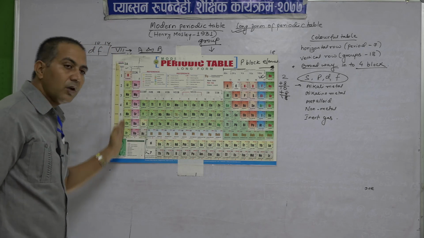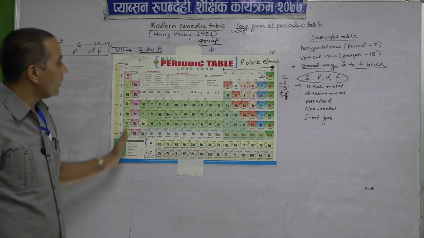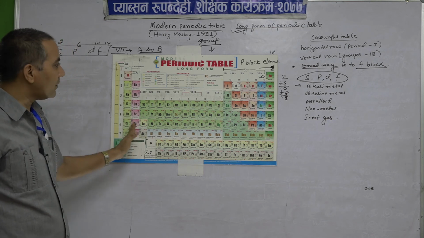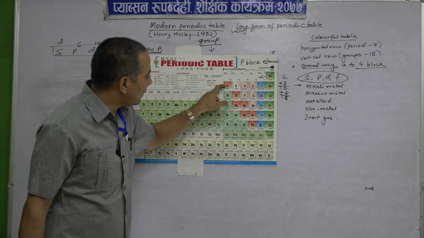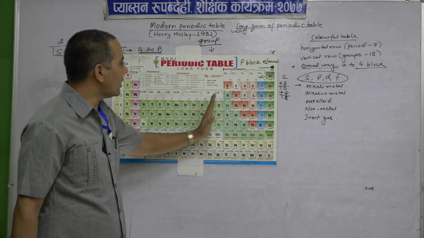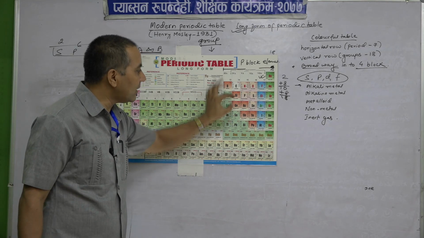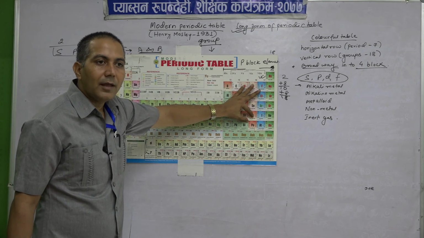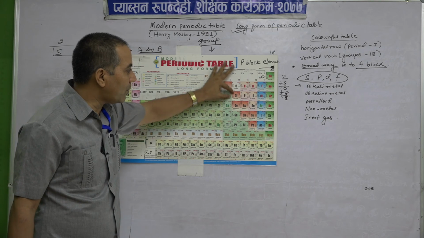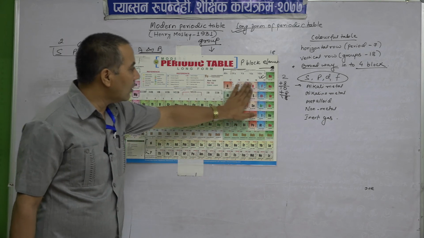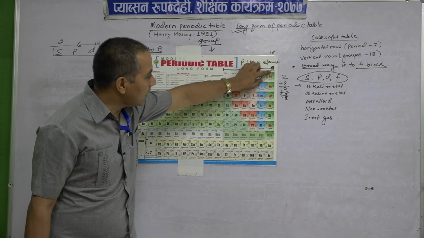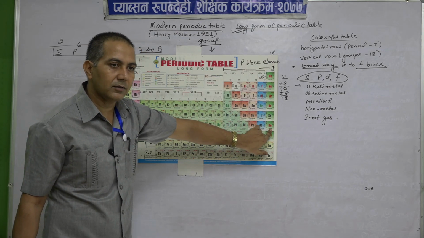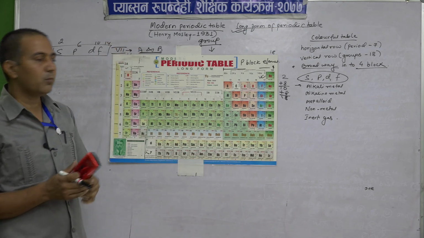The first group is known as alkali metals, the second group as alkaline earth metals. Between the transitional and post-transitional elements there are the metalloids, having both metal and non-metal properties. These are all non-metals, and the 0 group is known as inert gas.